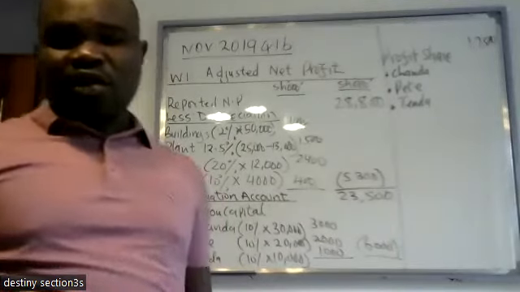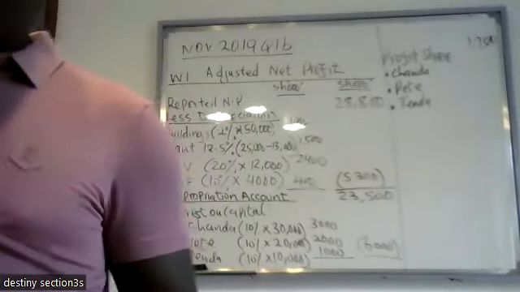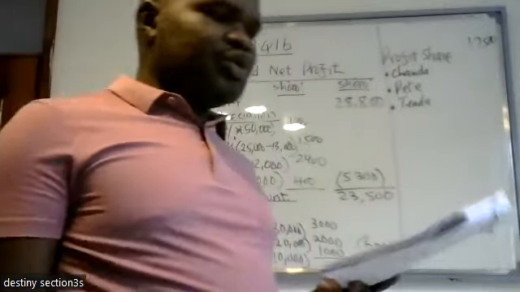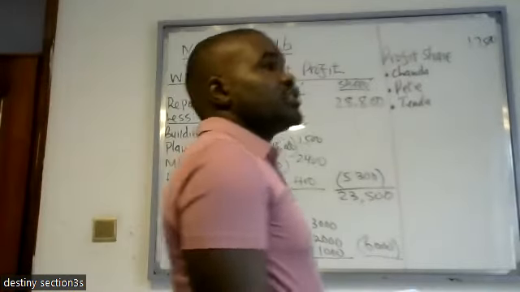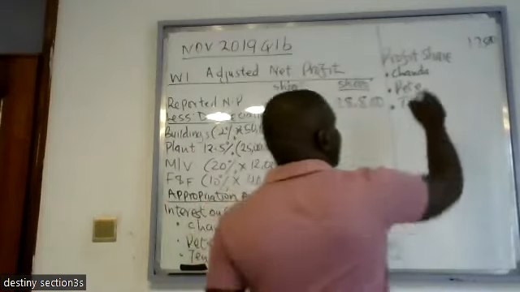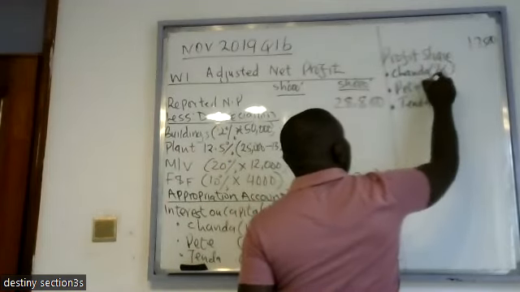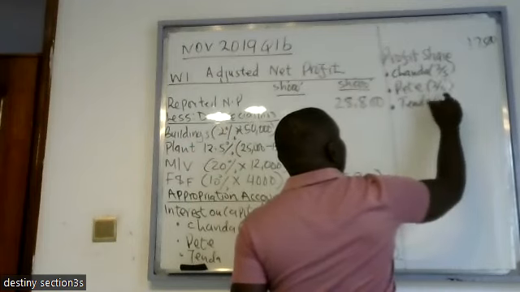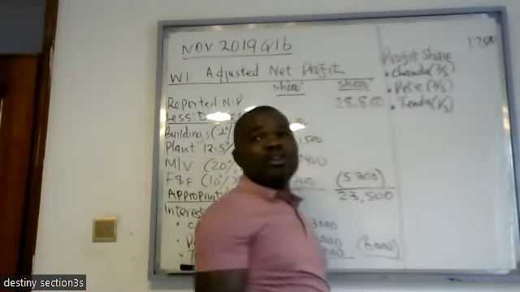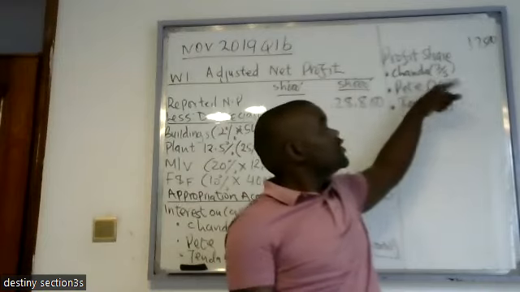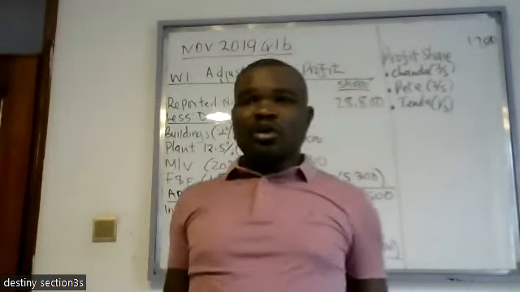They were sharing in what ratio? Profit and loss sharing was 2:2:1. So 2 plus 2 plus 1 is 5. So 2/5, 2/5, 1/5. So share the 17,500 in this ratio. Can you give me the three of them?